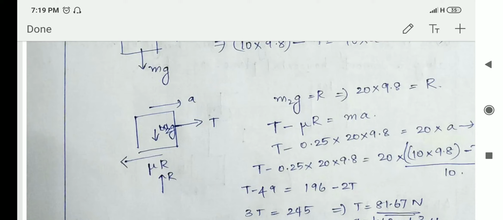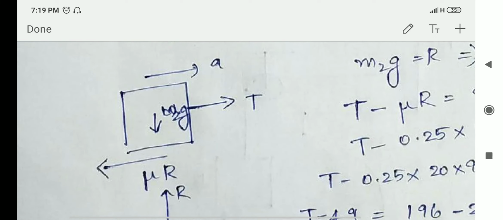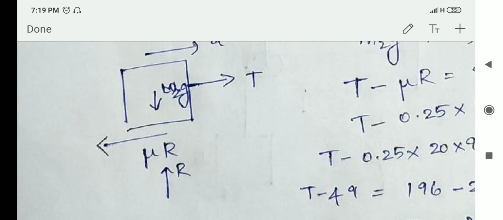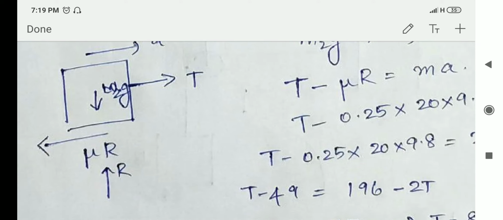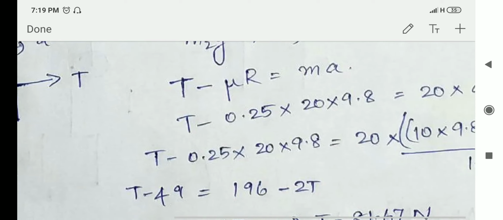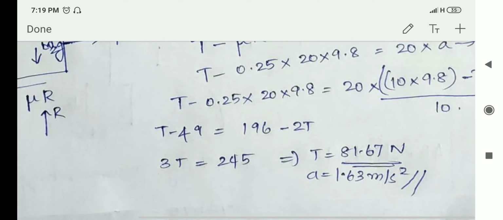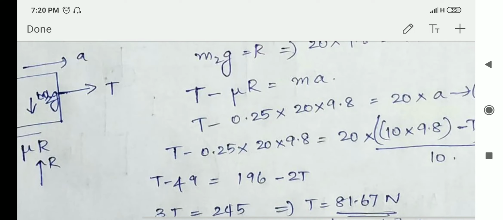So here actually T, R and a are unknown. We need to find R. To find R, we can use the vertical equilibrium equation: m2 g equal to R, right? From the free body diagram it is clear that m2 g equal to R, and m2 and g are available, so we can find R. Substituting that here, we get an equation in T and small letter a.